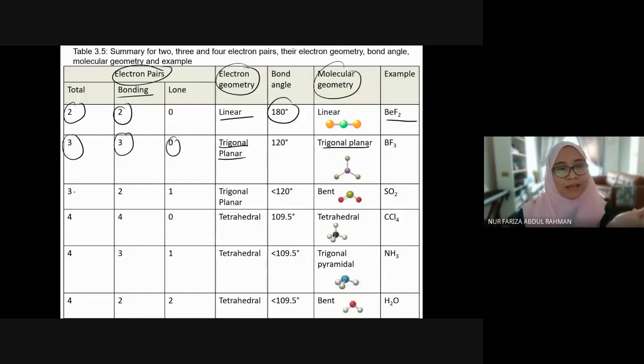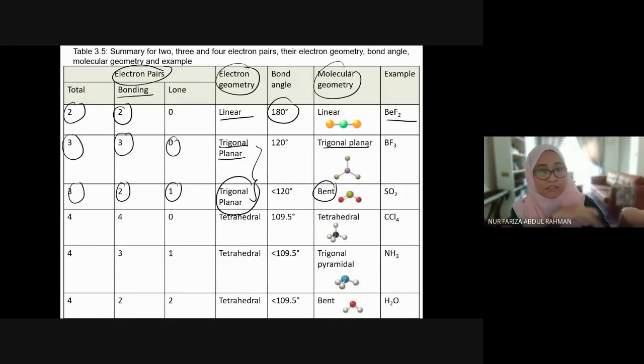All right, what if we still have three electron group, but two of them are bonding pair and then one of the electron group is lone pair. Okay, so it is still trigonal planar, guys. In terms of electron geometry, it will be the same, but the molecular geometry is now different. Okay, so benda ni yang sama as what we have discussed earlier.